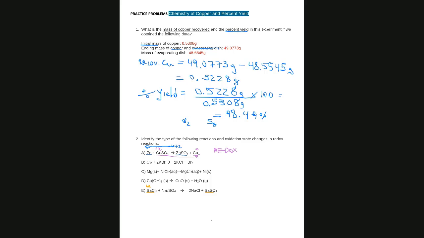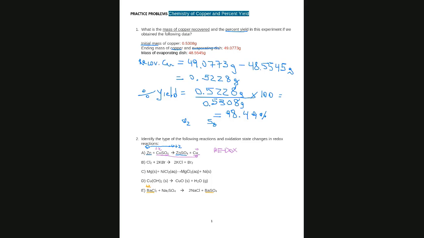Why 0? We said that barium, or any element, is only 0 if it's a free element. That means it's not bonded to anybody else.